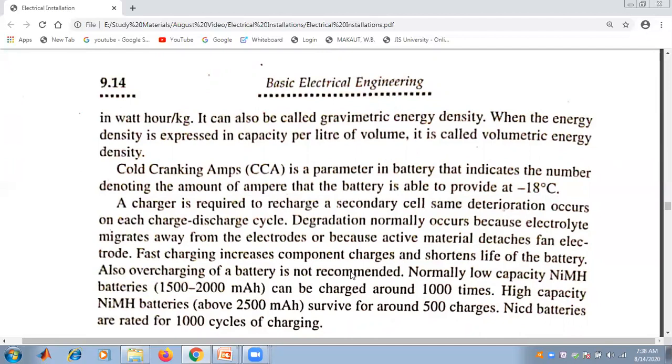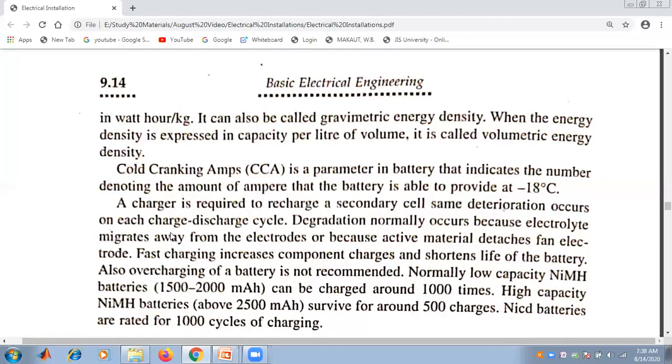A charger is required to recharge a secondary cell, because some deterioration occurs on each charge discharge cycle.